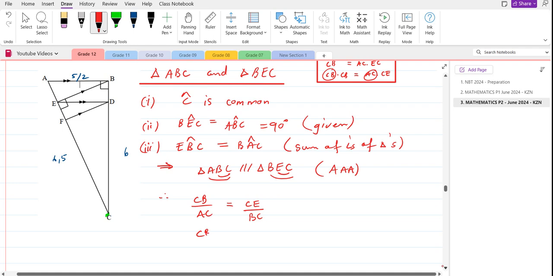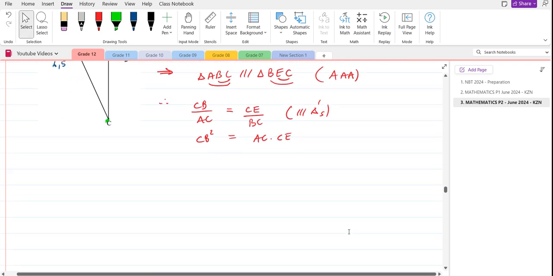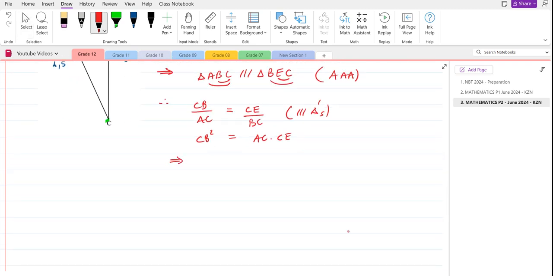In other words, we have BC squared equals, cross multiply, AC times CE, or CA times CE. So this implies BC is now equal to the square root of CA times CE.